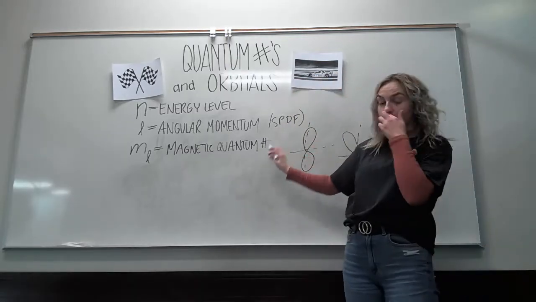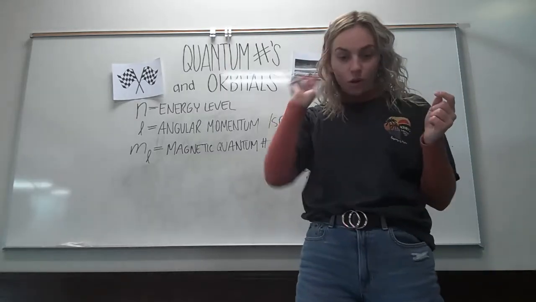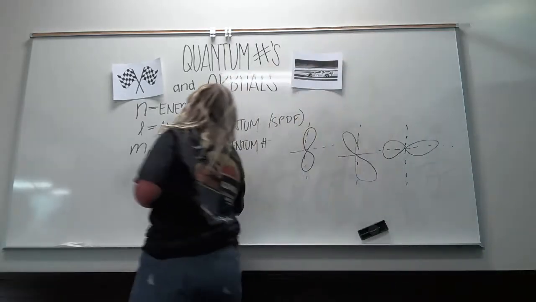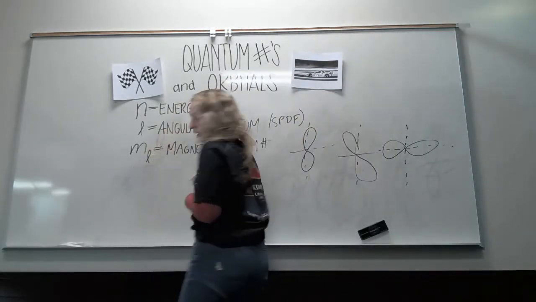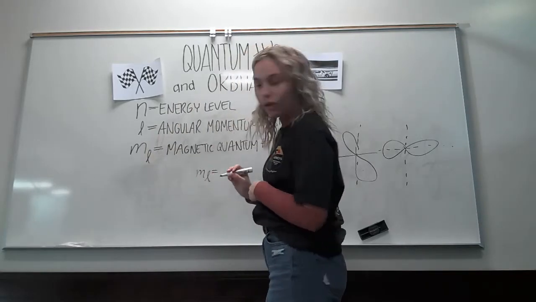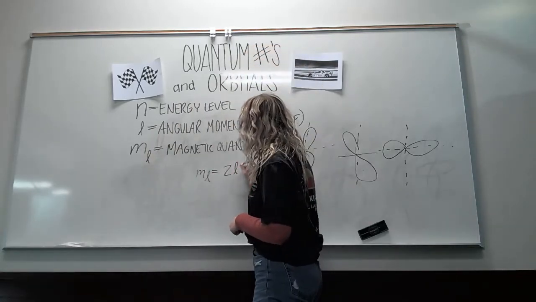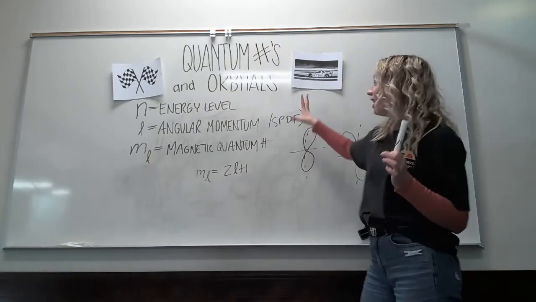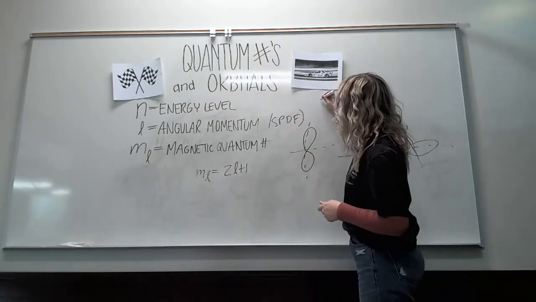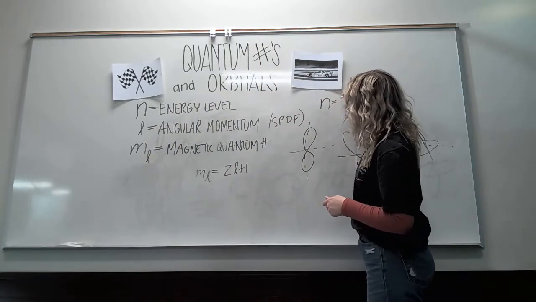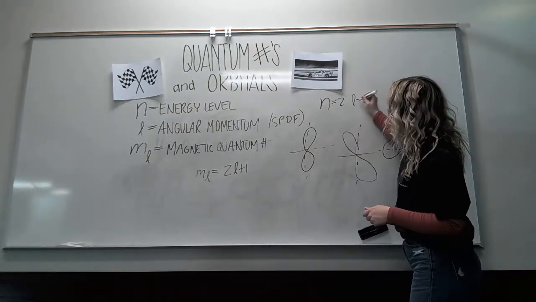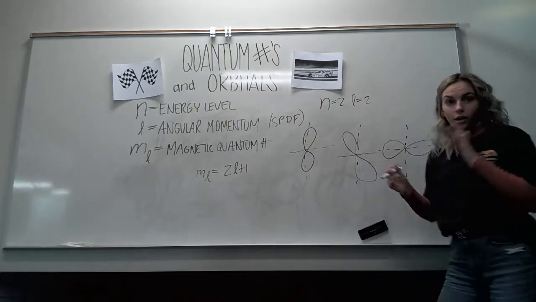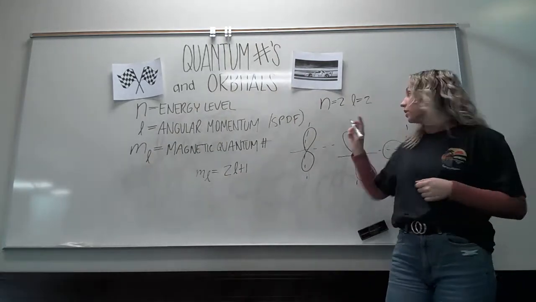But for the magnetic quantum number, we're going to use this equation, which is M of L is always equal to 2L plus 1. So, for example, let's say we've got N equals 2 and L equals 2. Now let's think. 2, what would the letter for this be?